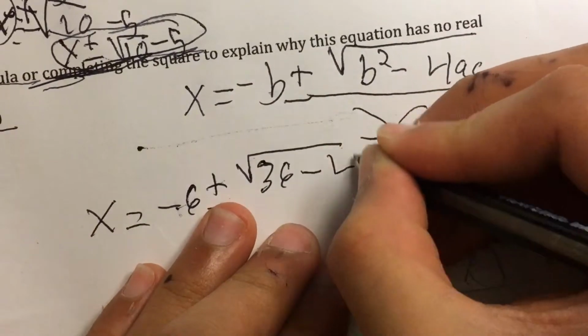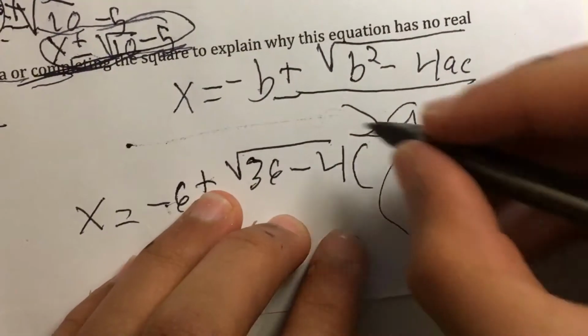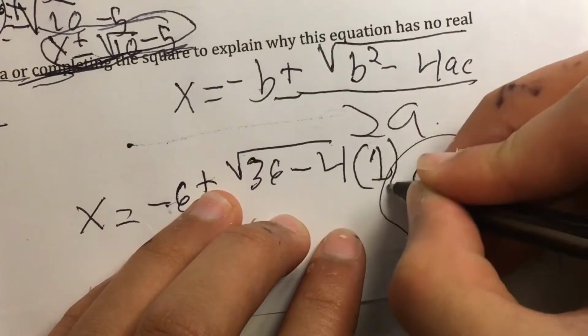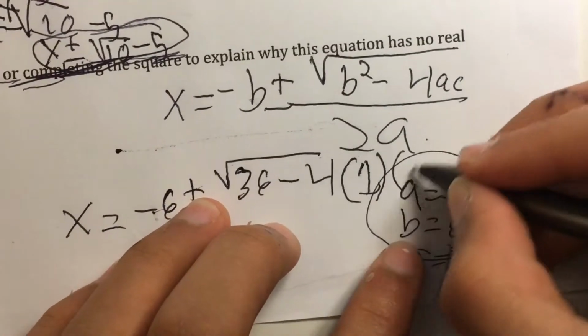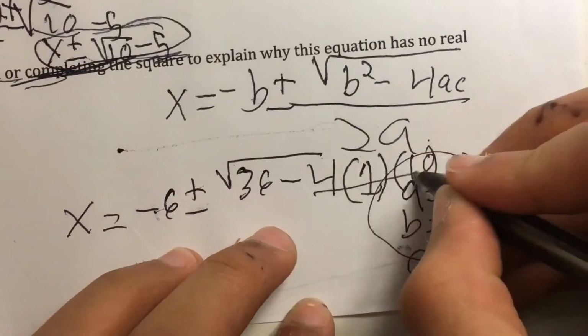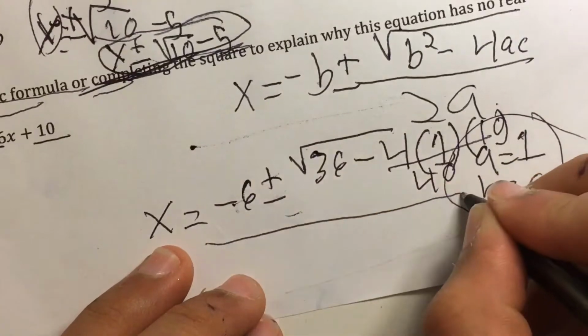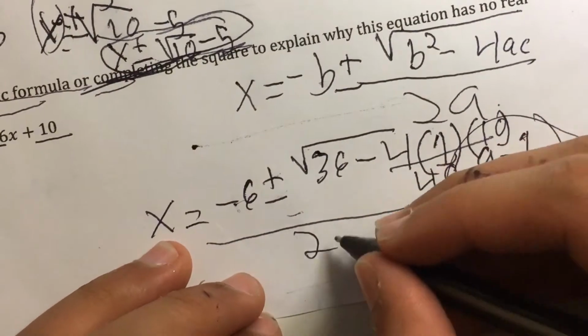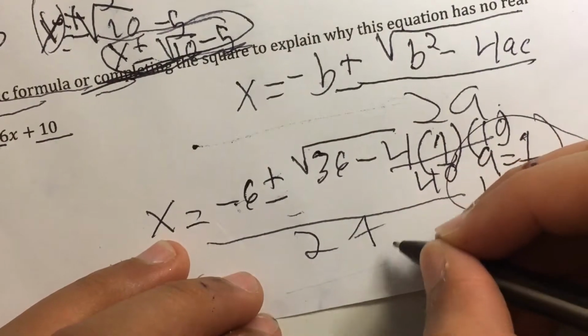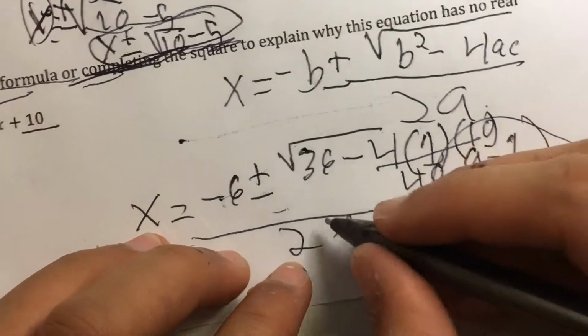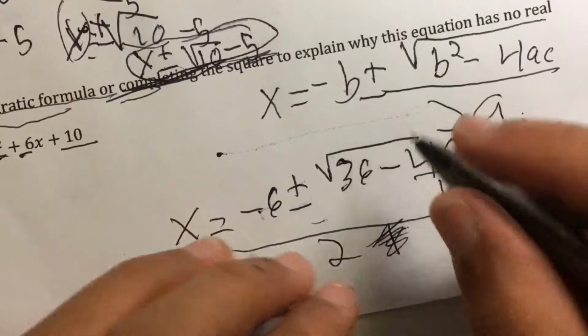Minus 4, open parentheses, 1, and then 10. So basically 40, right? So we can just put that as 40. Okay. All over 2a, which is going to be 1. So pretty much just 2, right?